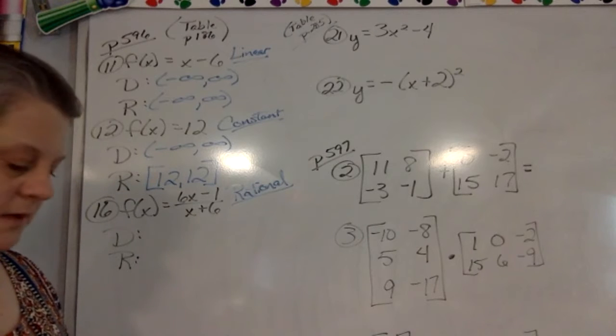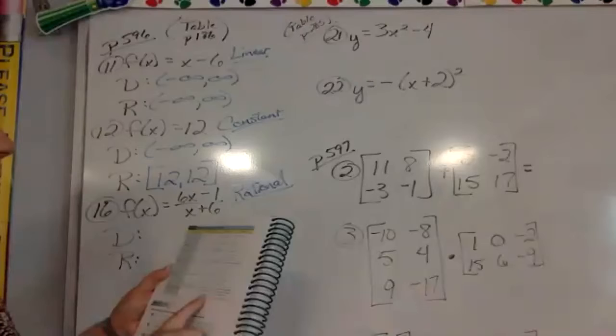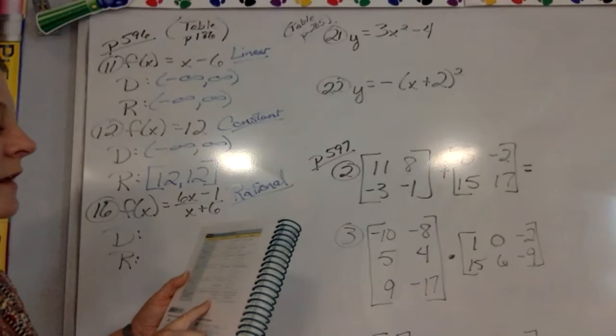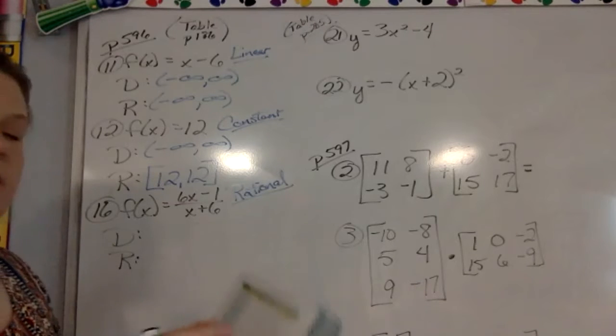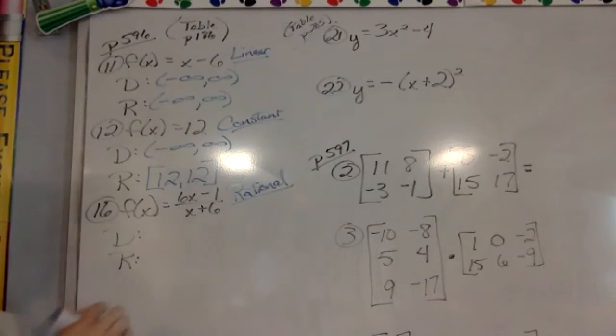No, we can't. So what we've got to do is set that bottom equal to 0 and see what number it cannot be. So we take x plus 6 equal to 0. We solve to get x by itself. And so it's x equal to -6. So it can be any number at all except -6.